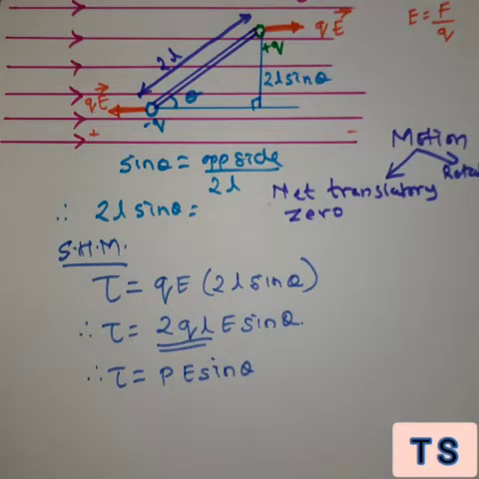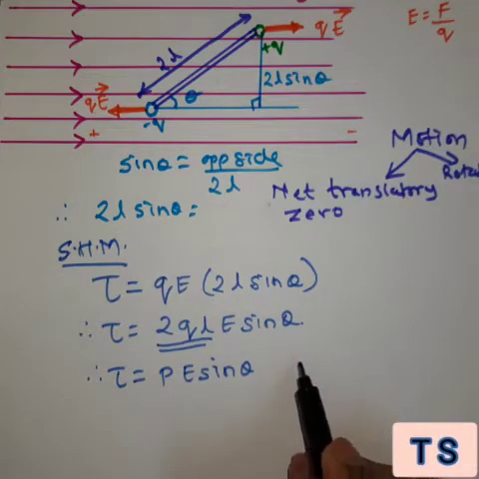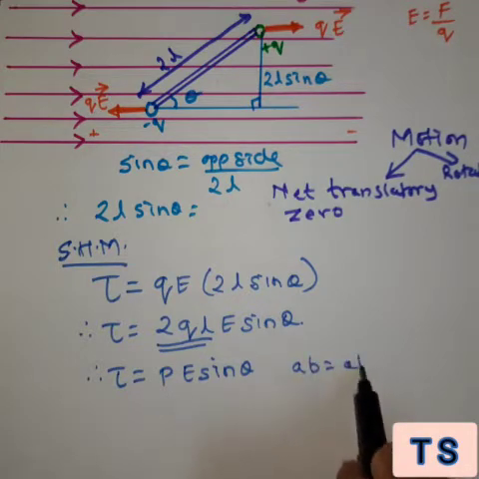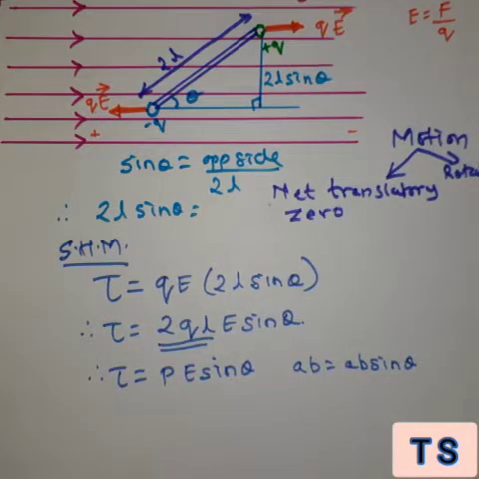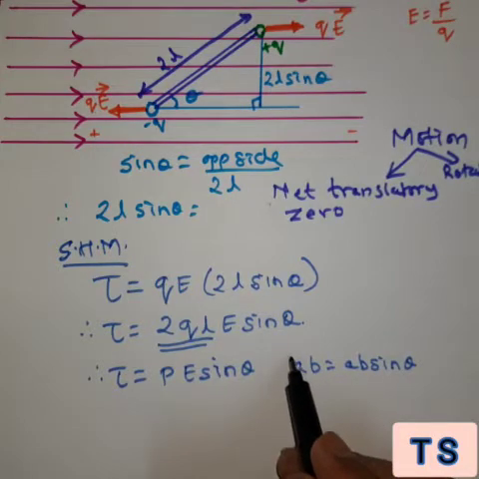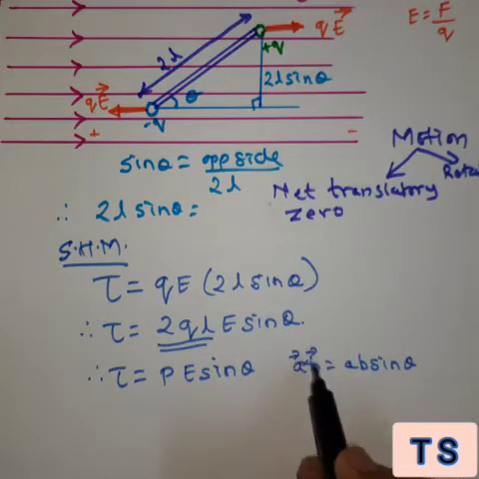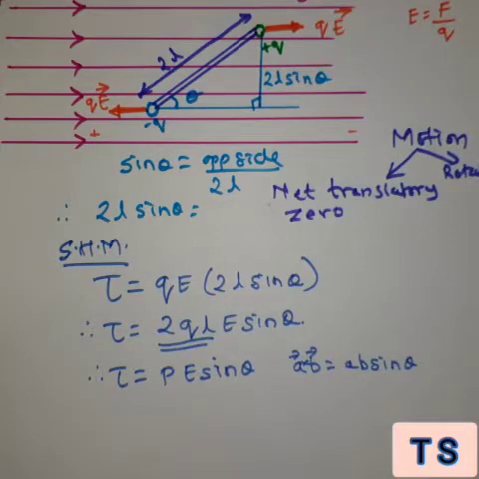If you look into vectors, you know that the dot product of A and B is AB cos theta, and the cross product, A bar cross B bar, is AB sine theta.